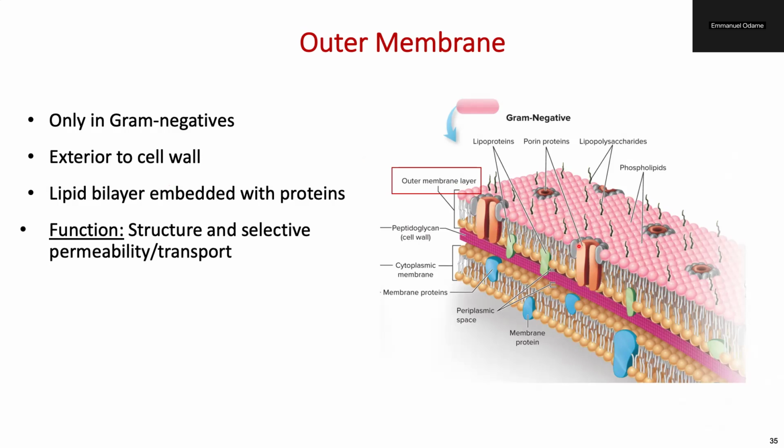The function is to help with structure, selective permeability, and transport of proteins in and out of the bacterial cell. This is an example of it. You can see pores on the surface, porous selectively permeable membranes with protein structures on the membrane, as you can see from here.